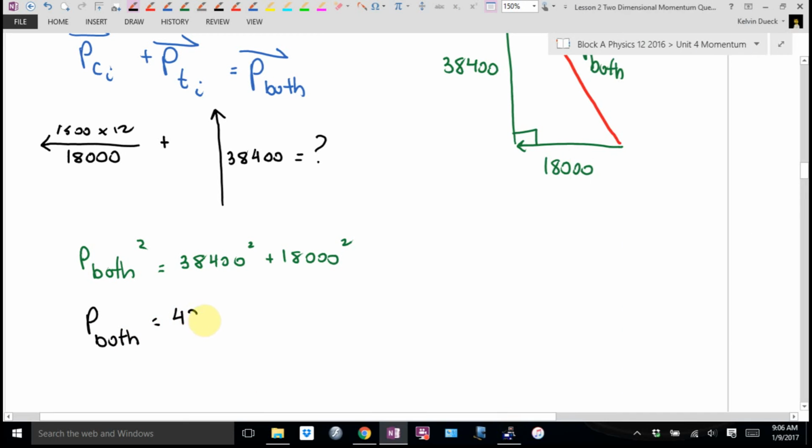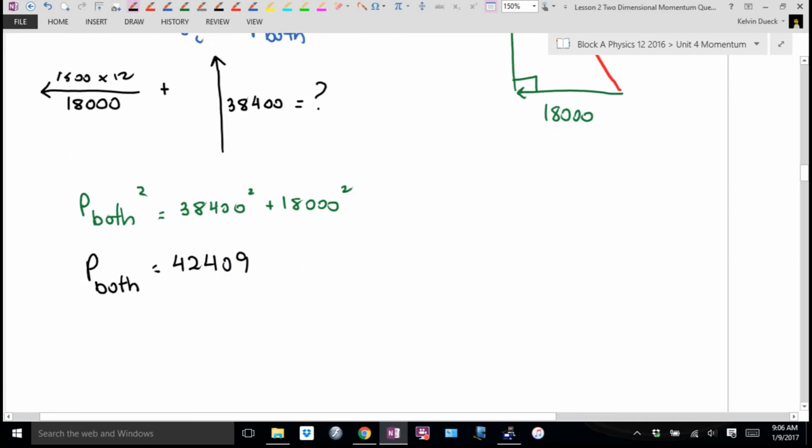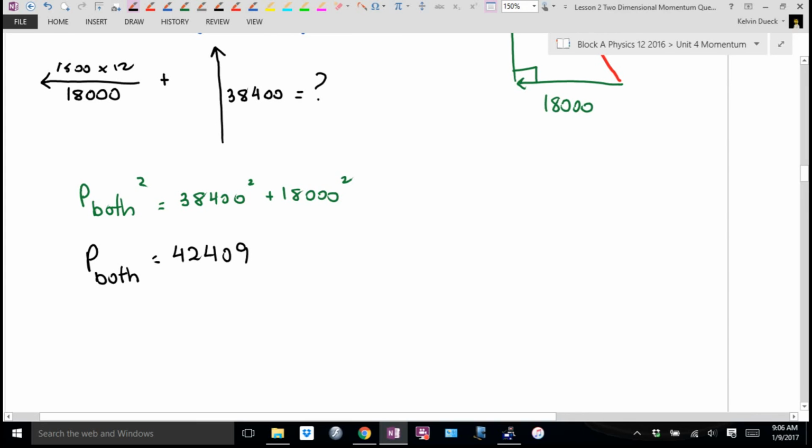$42,409. This isn't what they wanted me to find. What do they want me to find? Velocity. If I know a momentum, how do I find a velocity? Divide by mass.